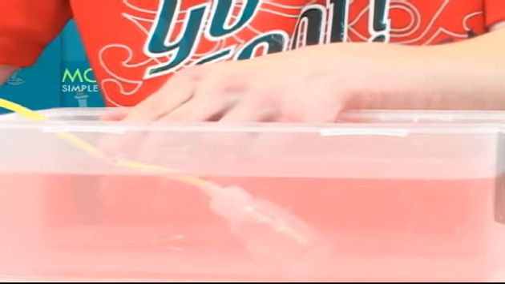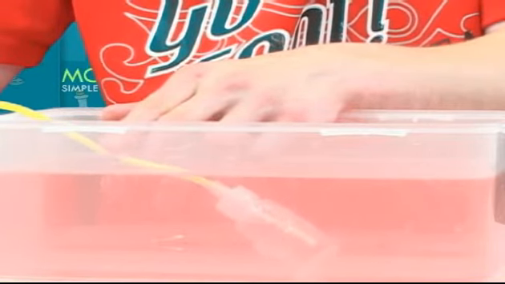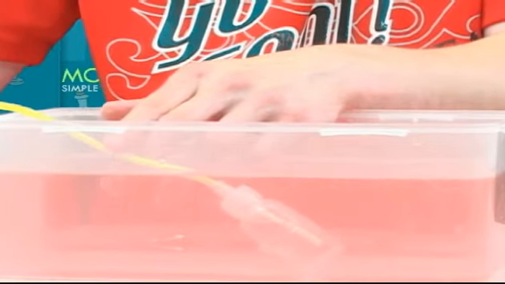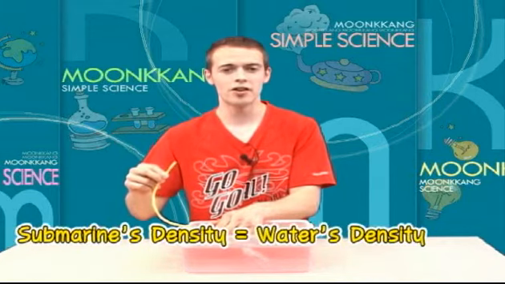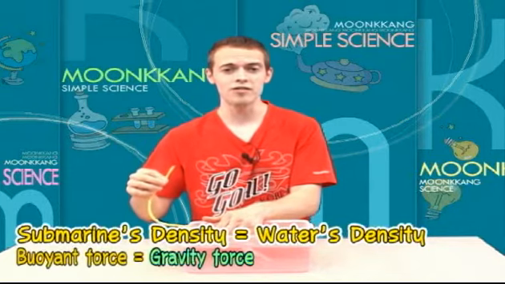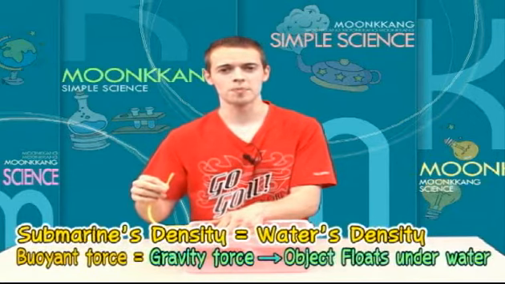Now what you see is that our submarine isn't floating or sinking at all. It is hovering somewhere in the middle of the water. At this point, the density of our submarine is the same as the water around it. The buoyancy force and the gravity force are both the same, so it doesn't move up or down.